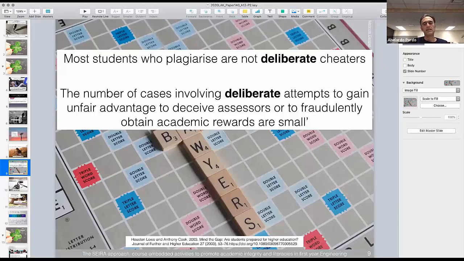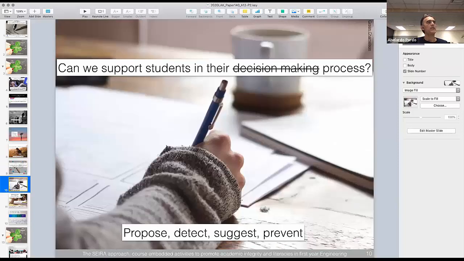Once we realized that this percentage was very large, and we confirmed that with conversations with our academic integrity officers, then we decided to change the problem and say, can we support students in the process of becoming acquainted with the writing process, for example. I know that academic integrity is much wider and goes beyond writing documents, but we decided to focus on that. And then all of a sudden, everything fell into place.